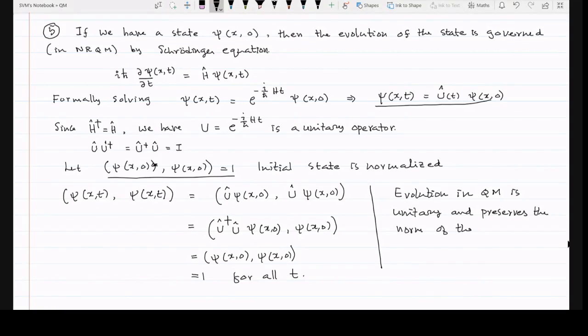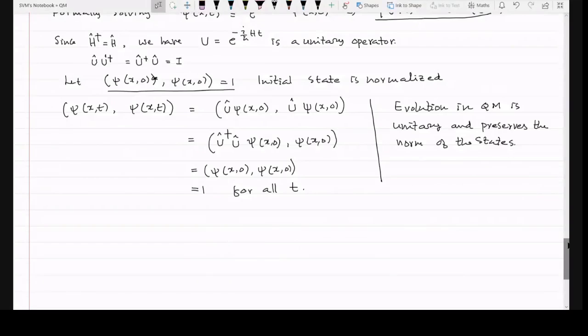If it is normalized to 1, it will remain 1 for all times. Okay, all unitary transformations will preserve the normalization. So once you normalize the initial state, then you don't have to worry whether as time progresses it will be normalized or not normalized. Okay, so this is one aspect.